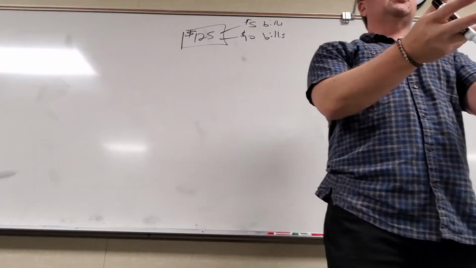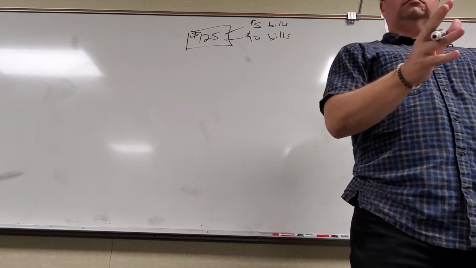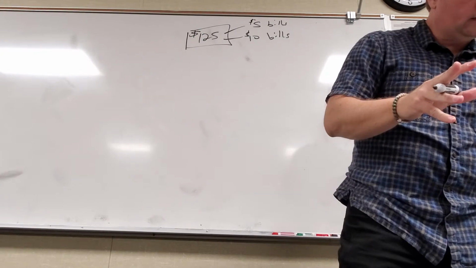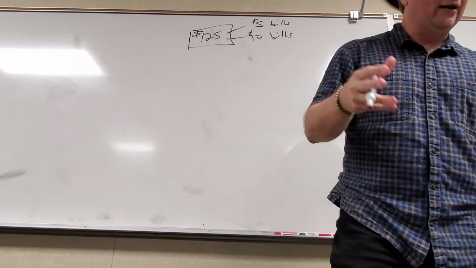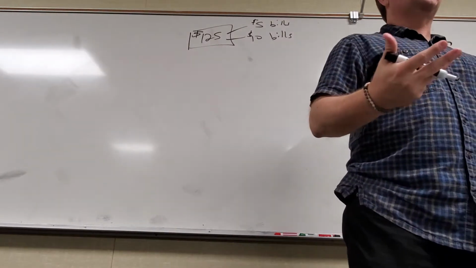Right, so I got $5 and $10 bills in a drawer, and there's 125 total dollars in there. And then it says, the number of $10 bills is twice the number of $5 bills. How many of each are in the drawer?